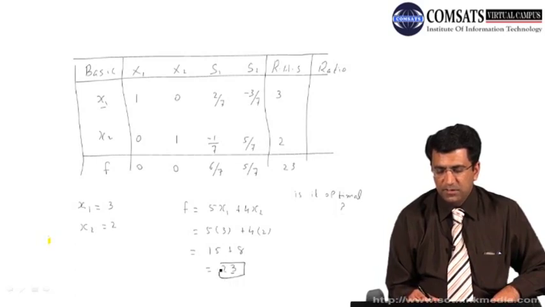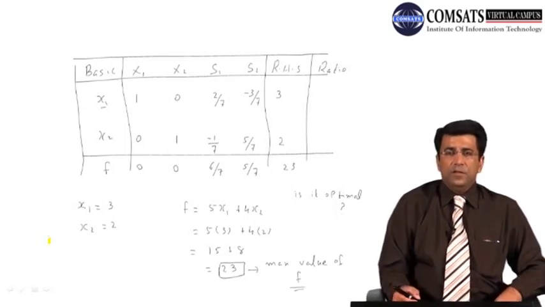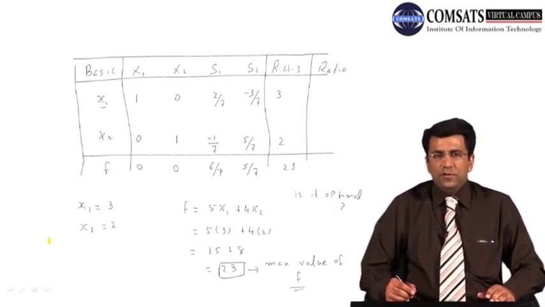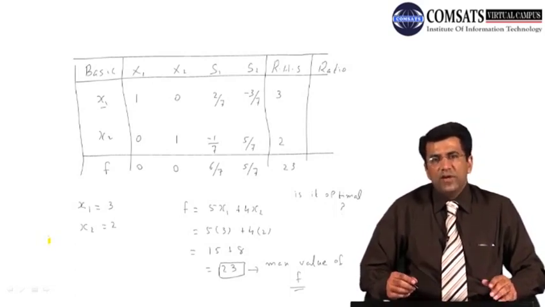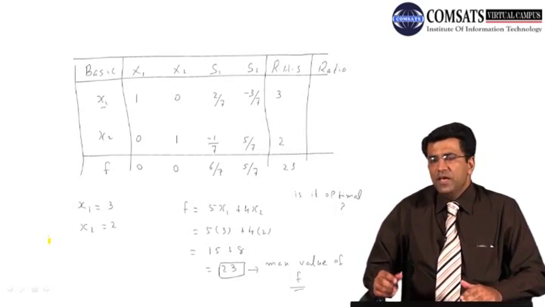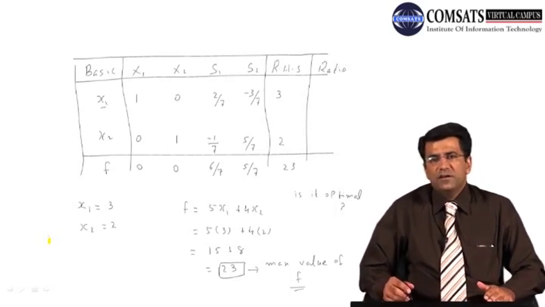Now class, this is our maximum value of f. So if the value of x1 is equal to 3 and value of x2 is equal to 2, we will be able to maximize our objective function, and the value of the objective function will be equal to 23.